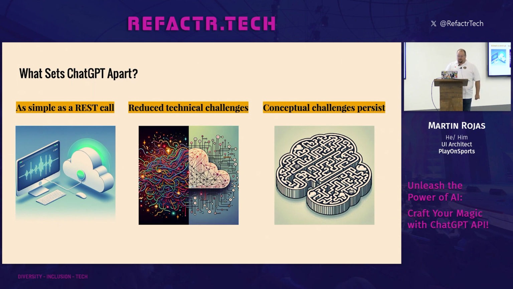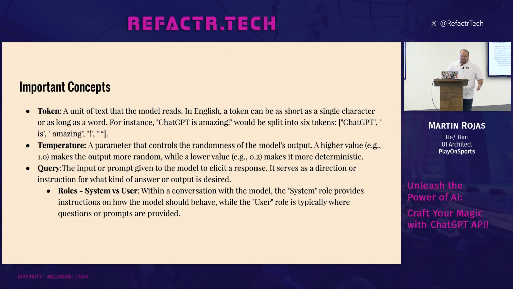Now, the main concepts that you need to understand to take advantage of ChatGPT get narrowed down to essentially three. This is all you really need to know to use ChatGPT. You need to understand the concept of a token. I'm sure you've heard of a token. It's a word or a symbol. That's how the model creates words, reads words, or breaks them apart. It's not quite a word, not quite a symbol.